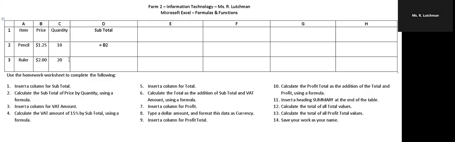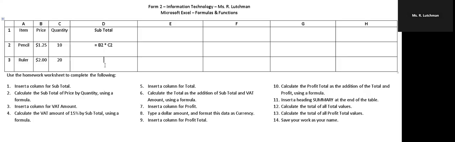What is a mathematical operator? Well, we said by was a hint for a multiplication sign, which is the asterisk. And then we need another cell address. So the cell address for the quantity is C2. I'm going to type C2. And that's how you calculate the subtotal for pencil. And you do the same thing for ruler.